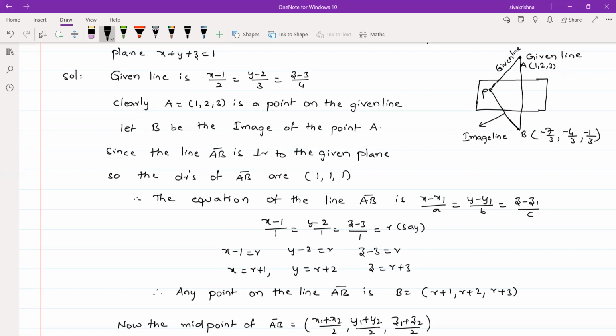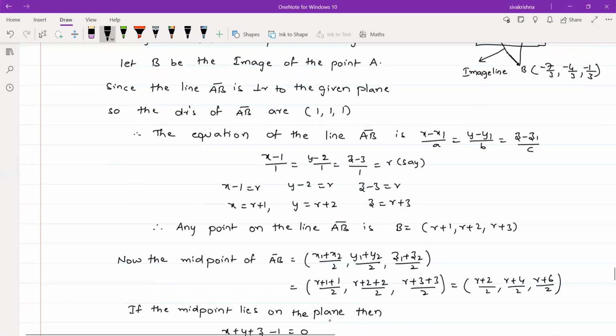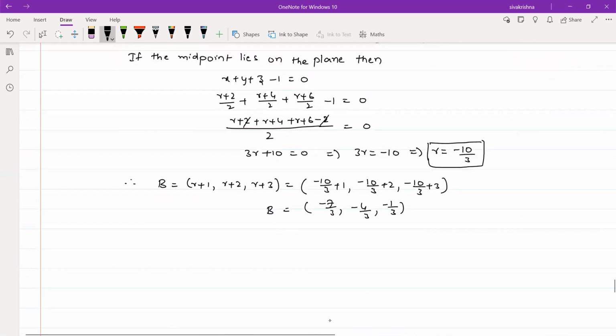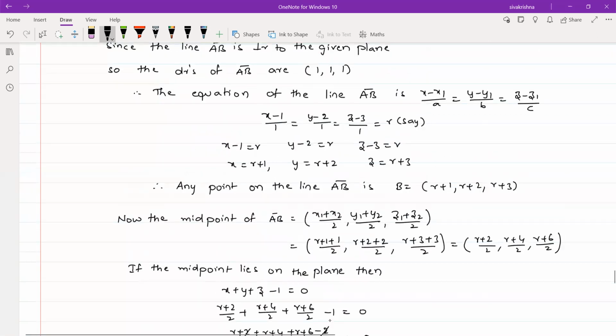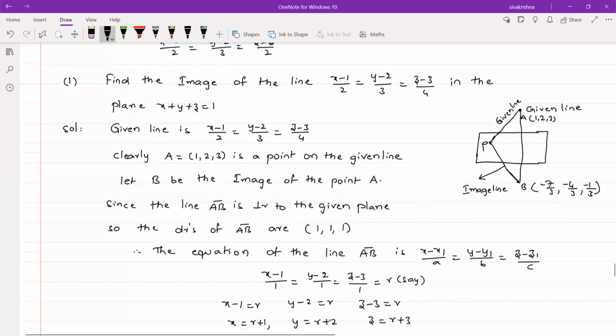After getting B, now I am going to find the point P. In the diagram, we observe that point P is any point on the given line. Since we have the given line equation, if we suppose that it is equal to small r, then we get any point on the given line, and I am treating that as P.